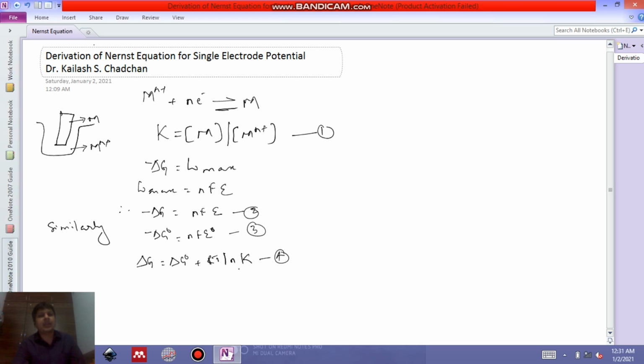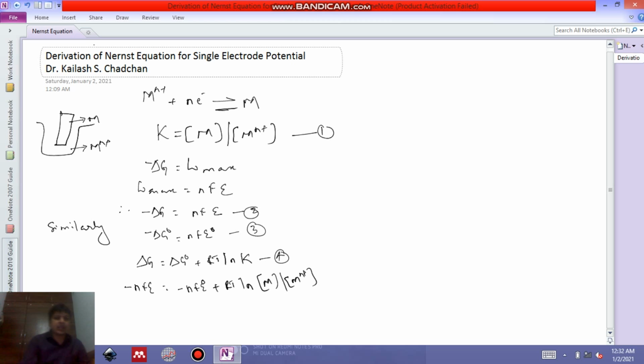Now substitute all the values from equations 1, 2 and 3 in equation number 4. So delta G is nothing but minus nFE. Delta G naught is nothing but minus nFE naught. We shall keep RT as it is, ln as it is, and K. What is the value of K? So K here is the concentration of M divided by the concentration of Mn+.